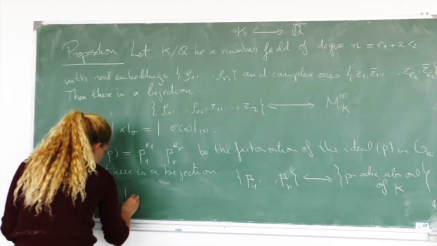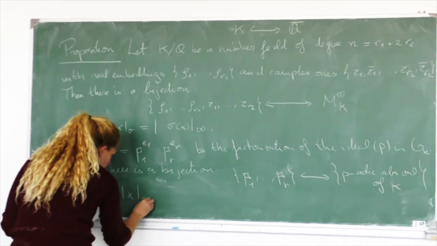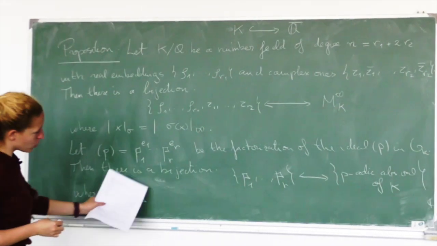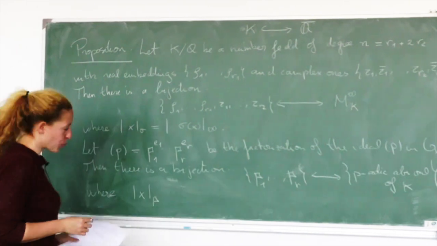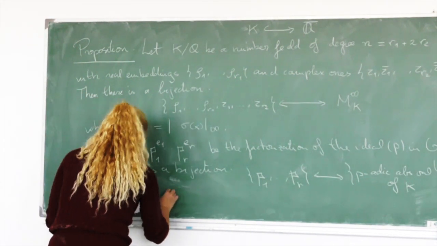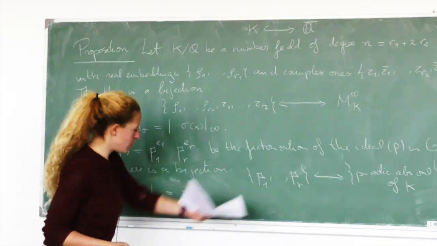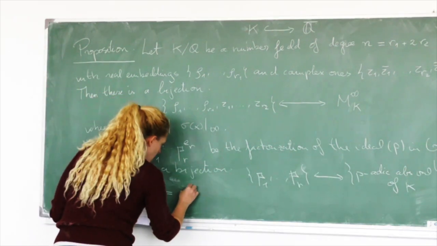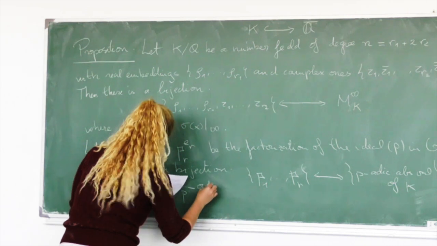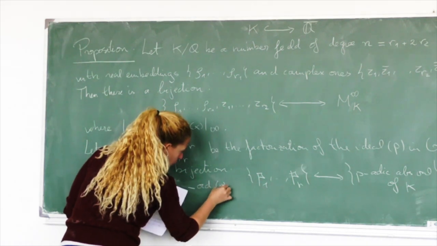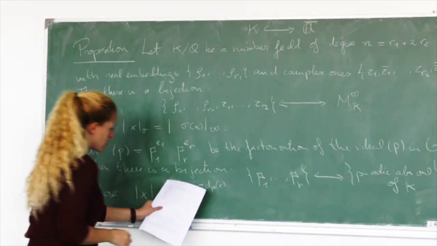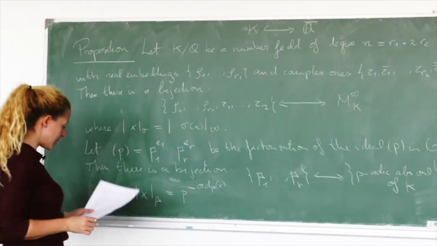Again, here I can be more explicit, as I was before, and describe exactly how this correspondence goes. We define the absolute value corresponding to one of those primes appearing there as equal to p, the restriction to the rationals, of minus the order of x at P, at this ideal that we are fixing.